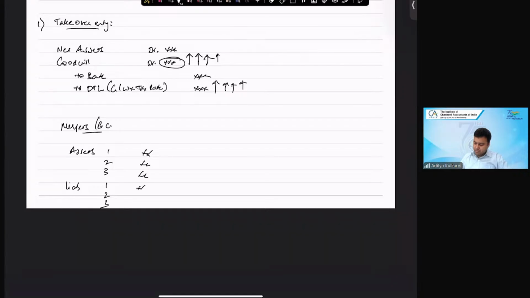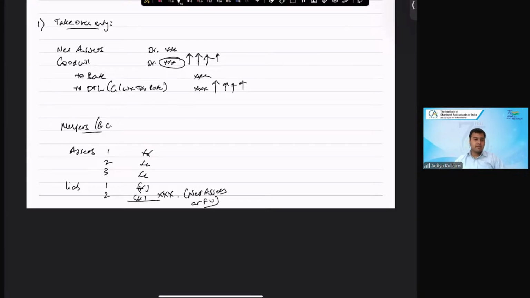All of them put together gives you what we call net assets. Are you okay with this? Yes, this is your net assets. These net assets are at fair value because business combination requires you to do a fair valuation of all identifiable assets and liabilities.